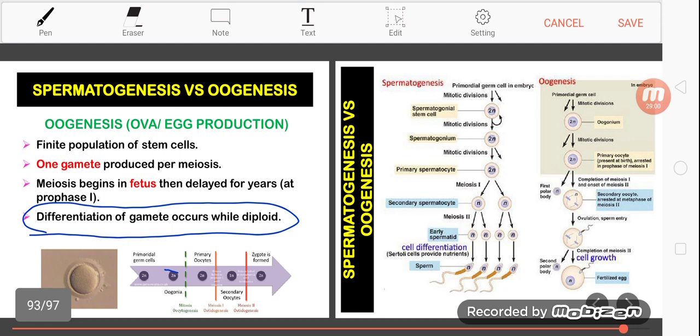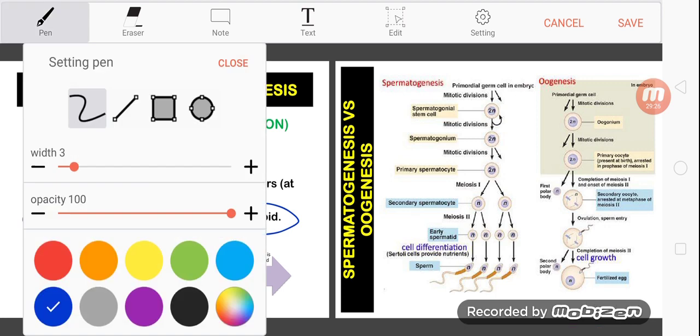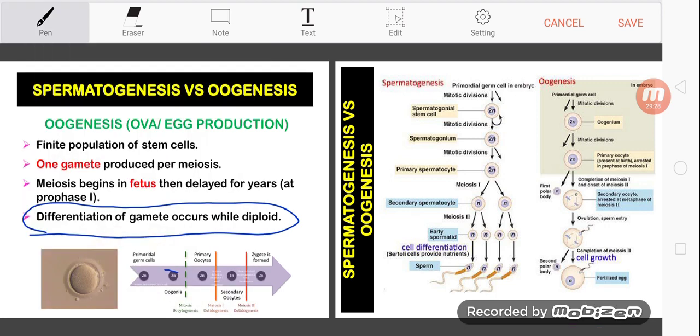Differentiation of gametes in oogenesis. The same thing happens in the oocyte, where mRNA, metabolic molecules, proteins, lipid, and energy needed during fetus development later on are produced and packaged at the primary oocyte stage.